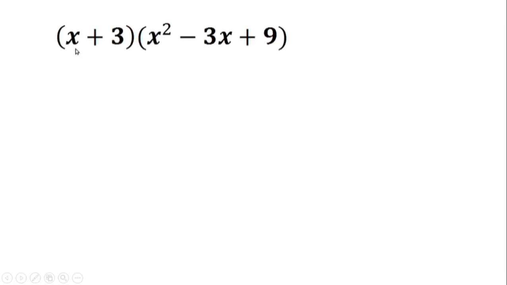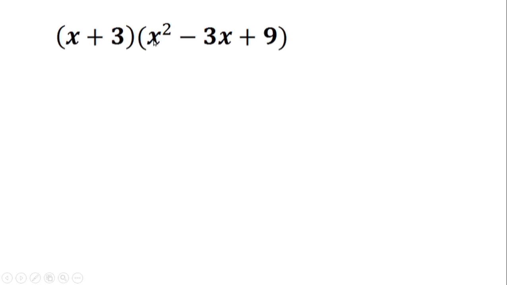Let's have an example. We have here x plus 3 times x squared minus 3x plus 9. Take note that x squared is the square of x and 9 is the square of 3. And the middle term is the product of the first term and the second term of the binomial.